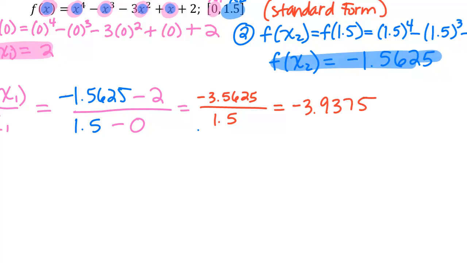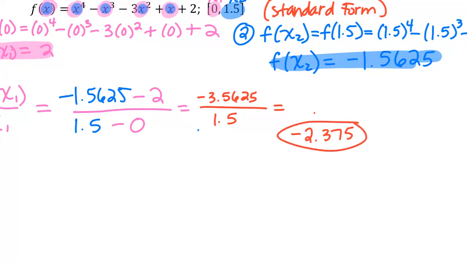Alexa, did you get the same answer? What did you get for your answer? 7.5? Yeah. Omar, what'd you get? Negative 2.375. Okay. So Lupita, I'm not sure how you plugged it in, but I believe this is the correct answer, this one. So double check. I'm not sure what happened, but the answer is negative 2.375.